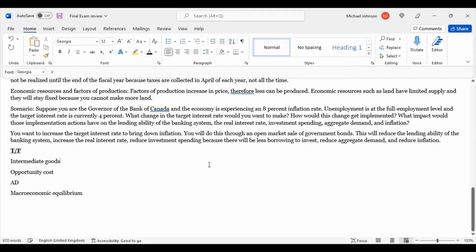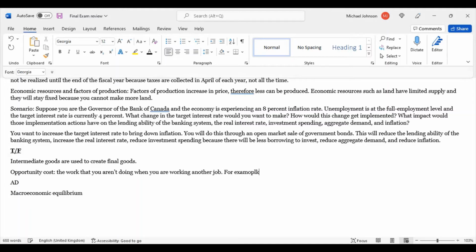So intermediate goods are used to create final goods. Opportunity cost is the work that you aren't doing when you are working another job.